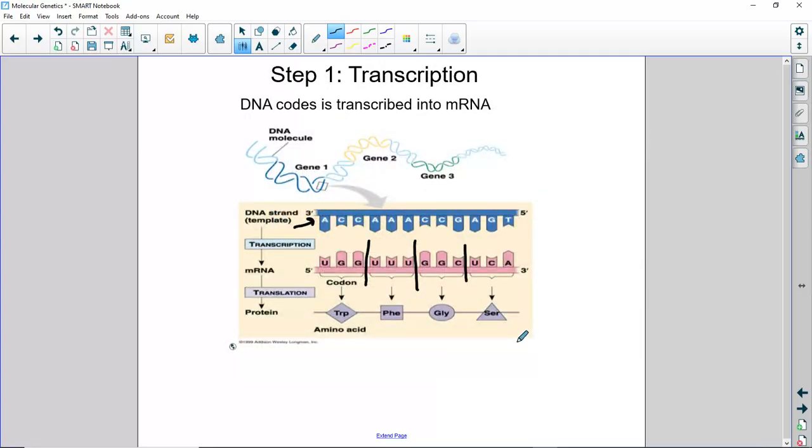So during transcription, simply put, we're going for the big picture here. You synthesize a strand of messenger RNA copied from DNA by an enzyme called RNA polymerase. During transcription, you're going to take a look here and listen here.